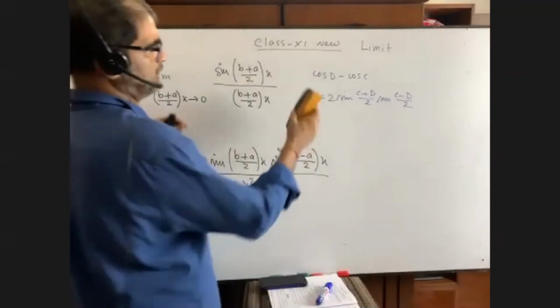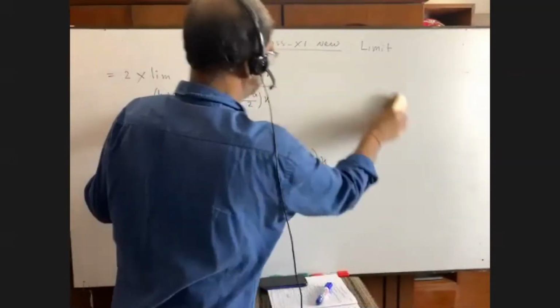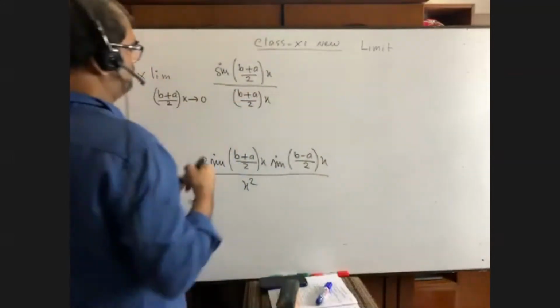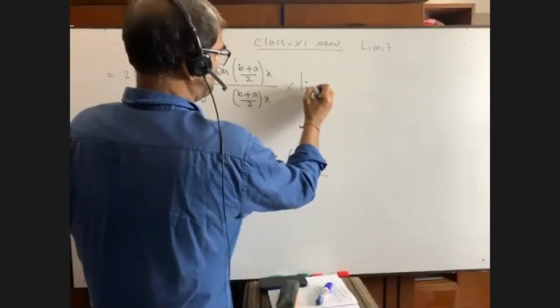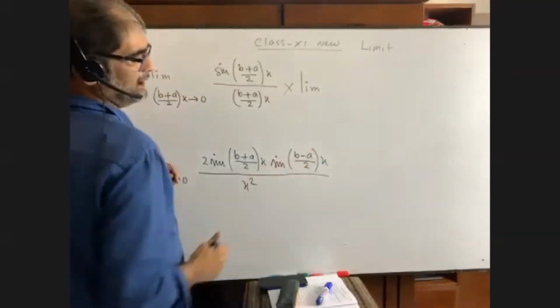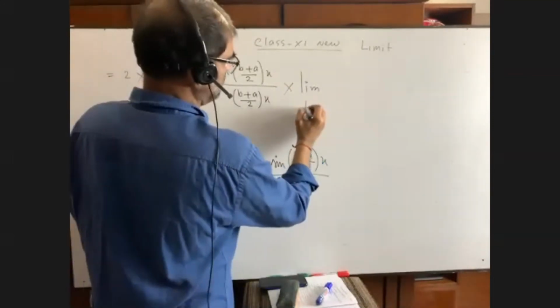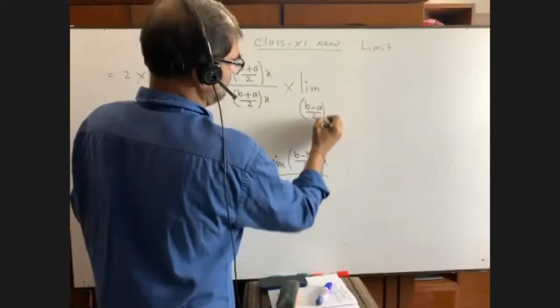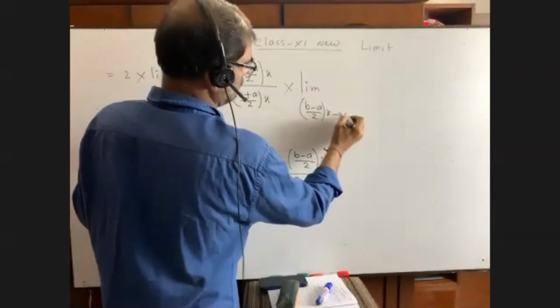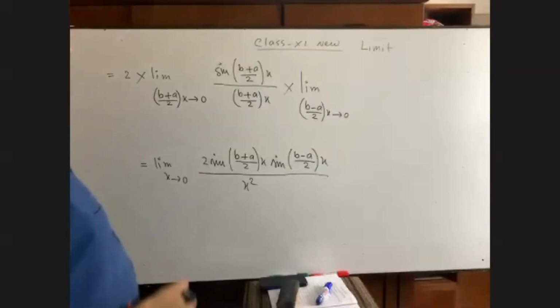Okay. Into, write down again, limit (b minus a) x by 2, it is theta, tends to 0. Okay.